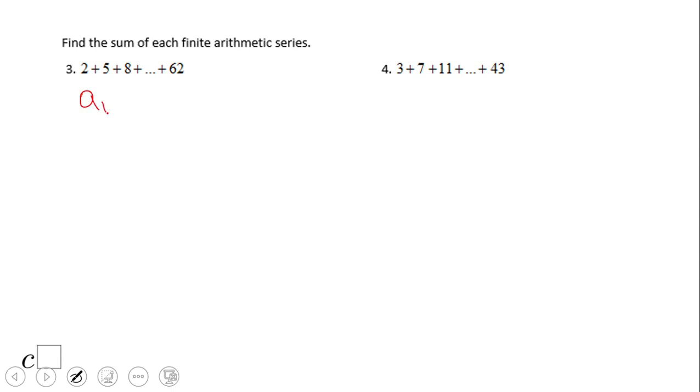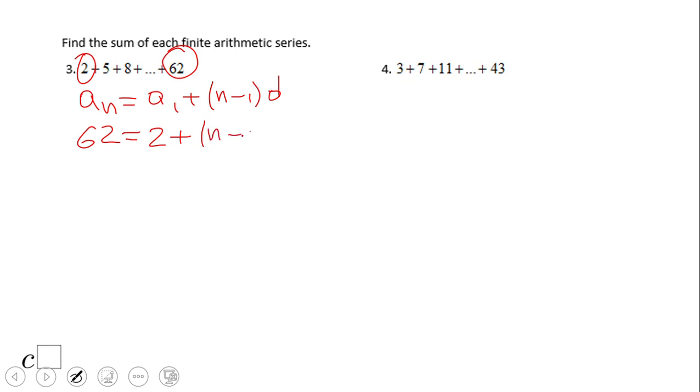If you remember, we have a formula that looks like that. This is the formula for the nth term of an arithmetic sequence. In this one, we're going to plug in 62, the last term, equals 2, the first term, plus n minus 1. And again, we're going to look at this sequence, and we do need this common difference, which in this case is 3.